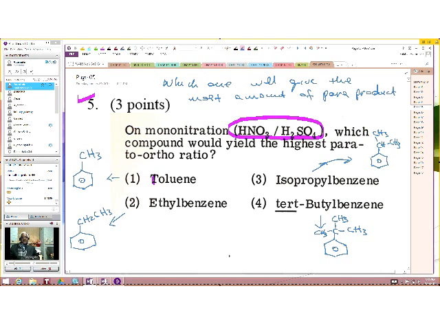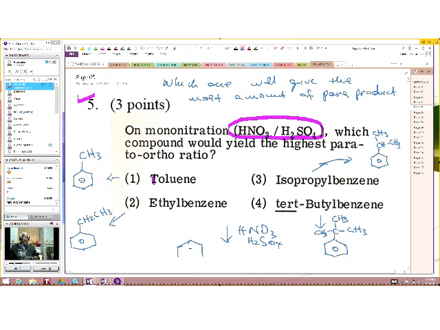Upon nitration. Keep in mind all of these here we are reacting with nitric acid in the presence of sulfuric acid. We are doing nitration.